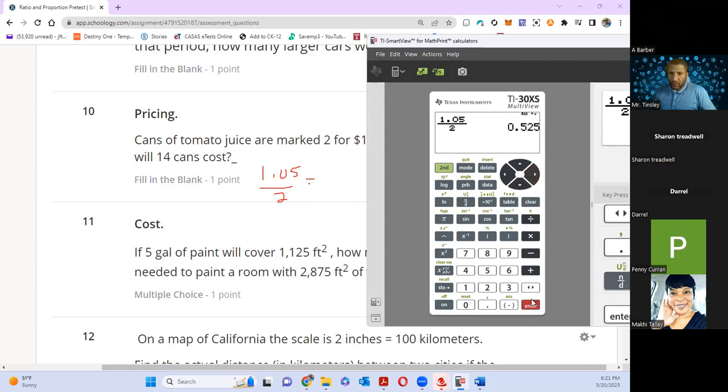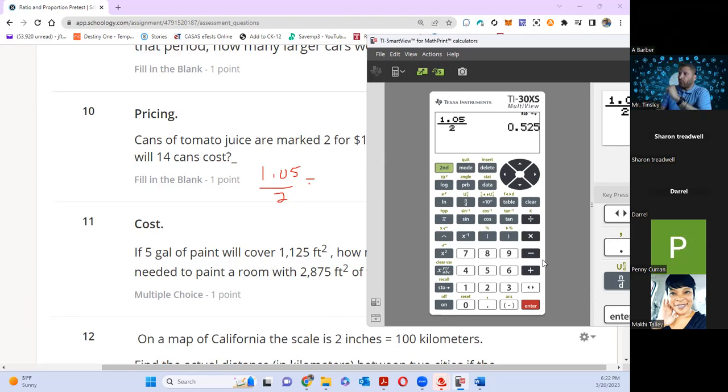No can really costs 52.5 cents. But if you go in the supermarket, you'll see prices like that because they do change. But that's how much 1 can costs. Once I know how much 1 can costs, I can find out how much 5 costs. I can find how much 10 costs. I can find how much 15 costs. I can find out how much 10,000 cans cost once I know 1, because now all I got to do is multiply by the number.